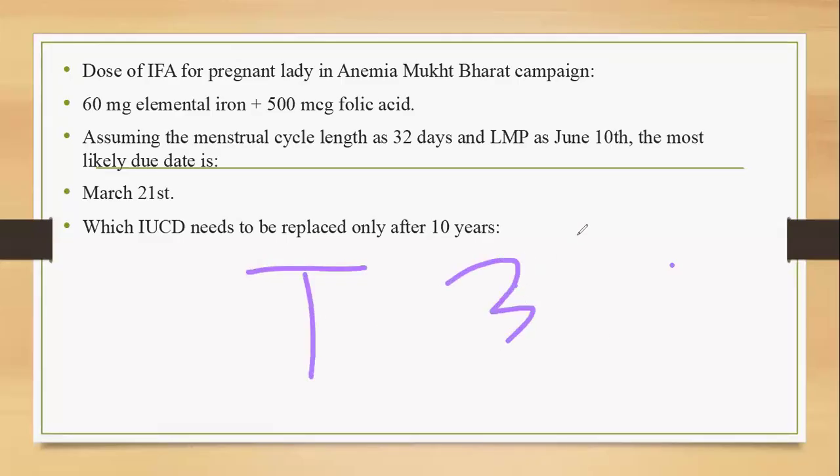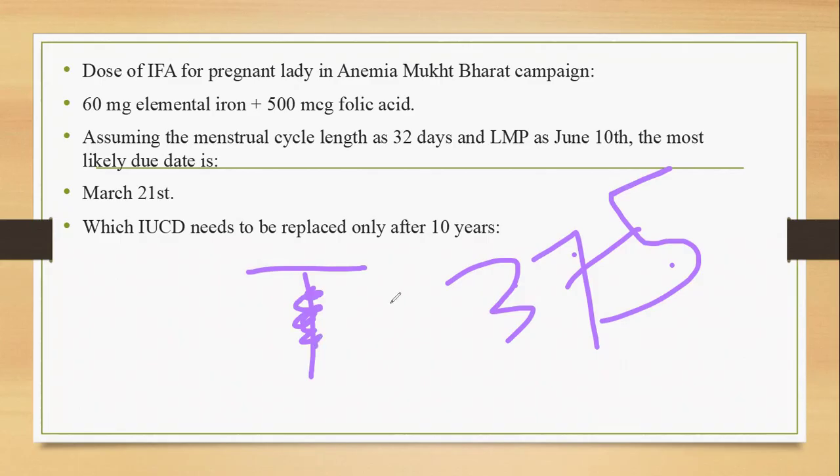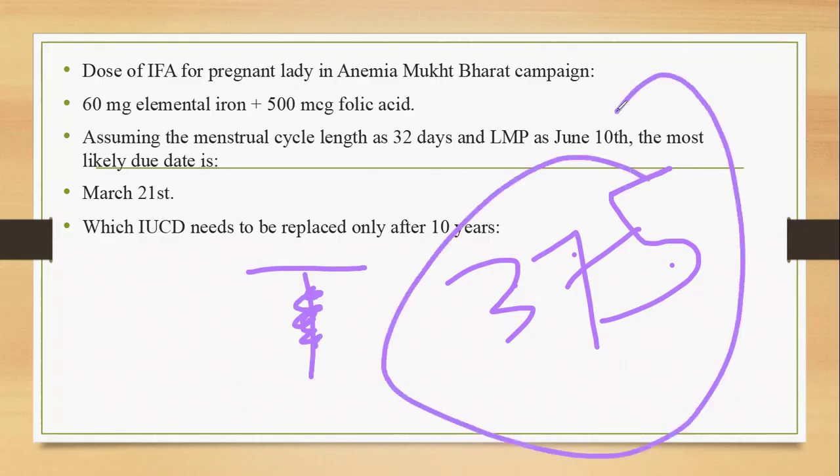I say 375 dear, that means कि इतना जो कॉपर वायर है, उस कॉपर में इतना अमाउंट है, but 380 में उतना अमाउंट ऑफ कॉपर है. Next time you should always remember that the number does not represent the year of development. It just represents the amount of copper which is there in the copper T.